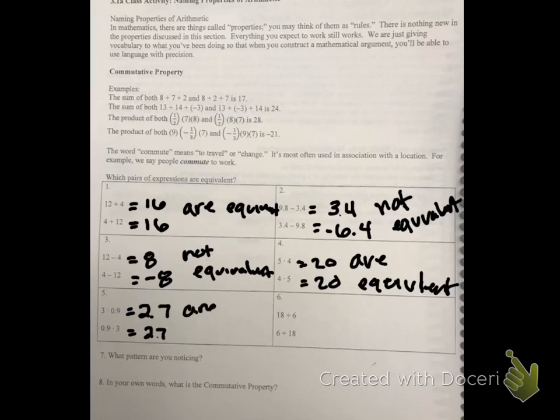These are equivalent. Okay. 18 divided by 6 is 3, and 6 divided by 18 is 1/3, not equivalent.